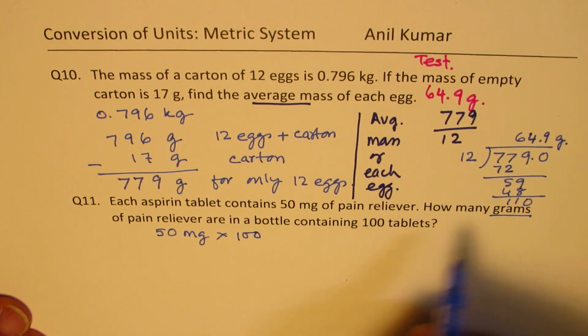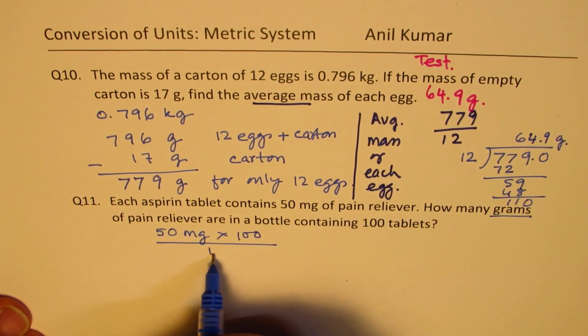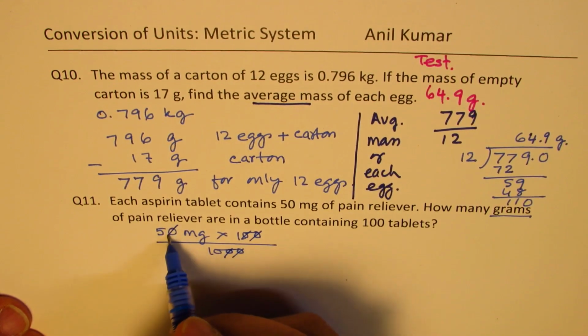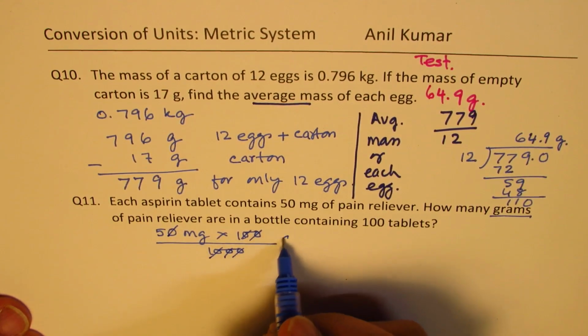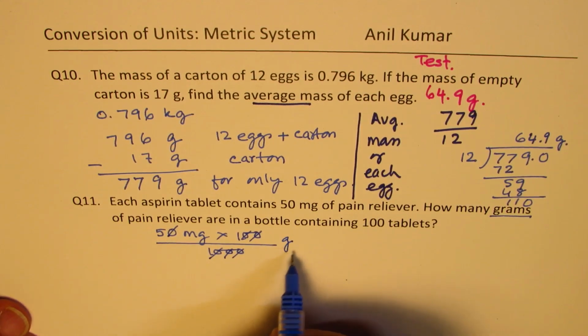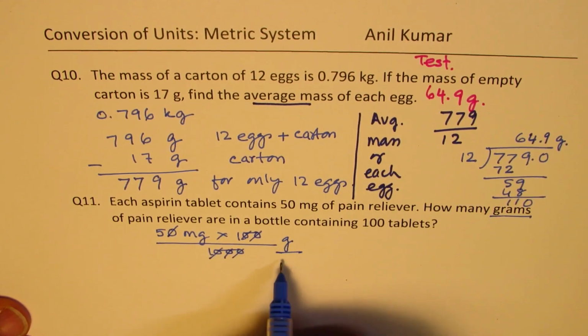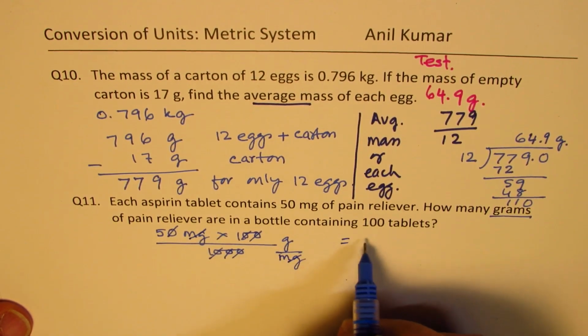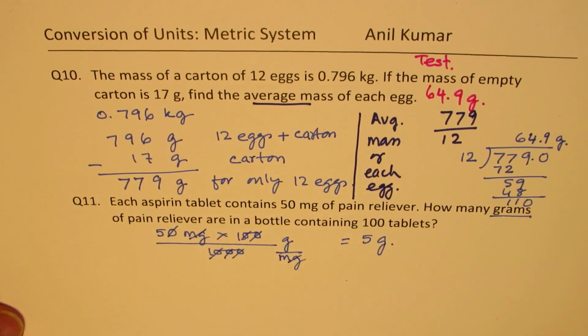And since we want to convert into grams, we'll divide by 1000. Is that clear? So these two will cancel. This will also cancel. So we have now the unit in grams, since we wrote 1 gram as 1000 milligrams. So that was the conversion, right? So milligram also cancels. We get 5 grams. So I hope this is understandable.